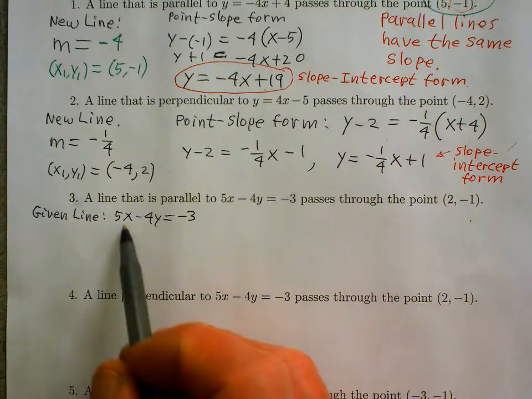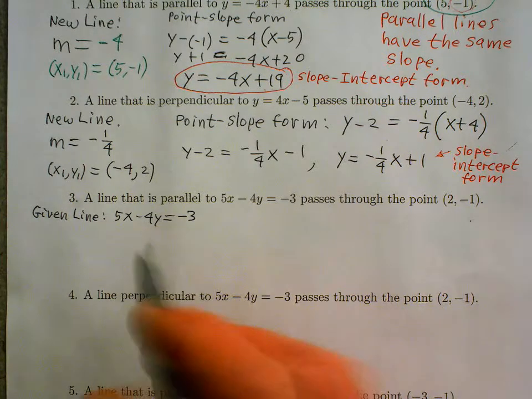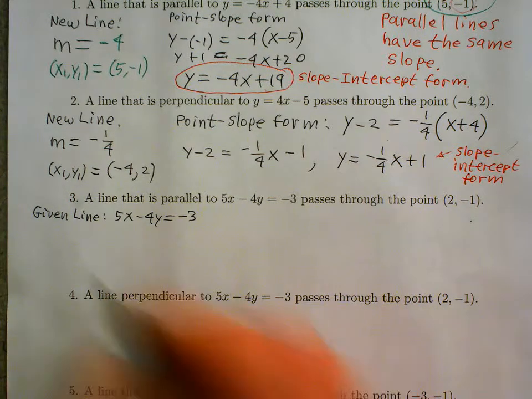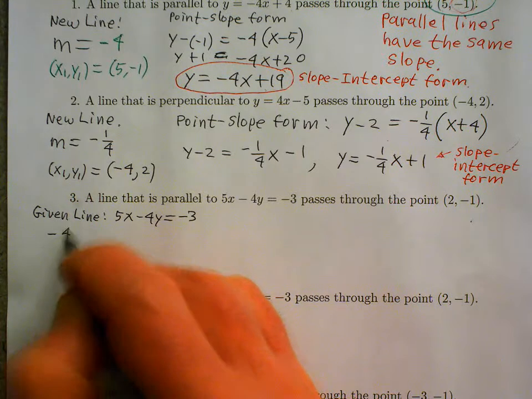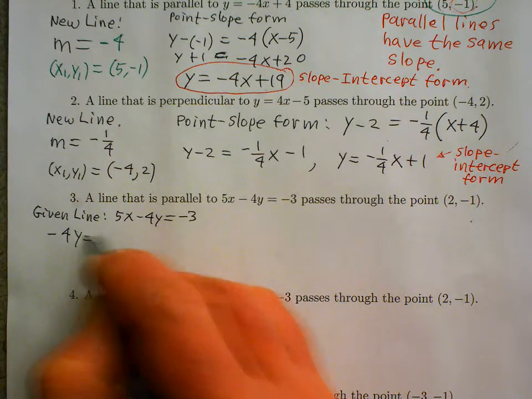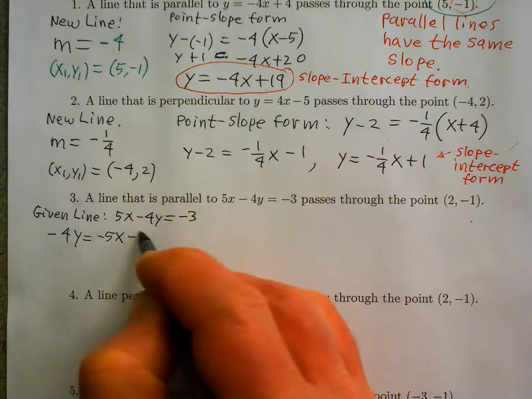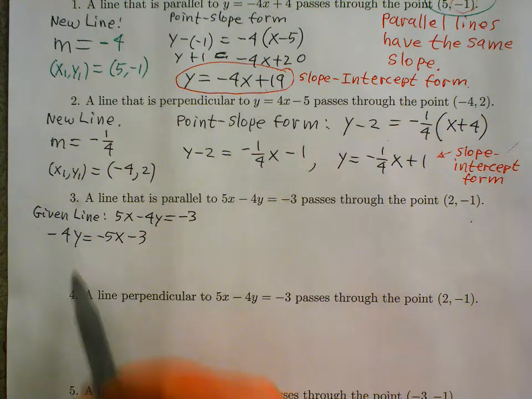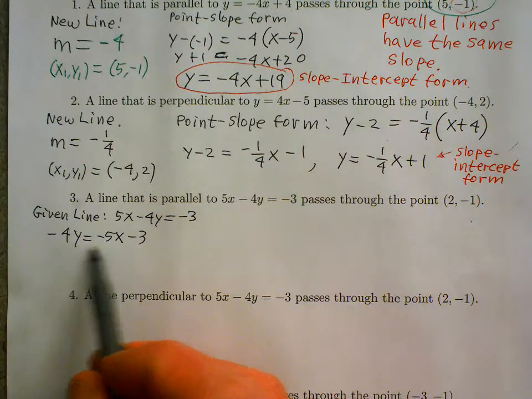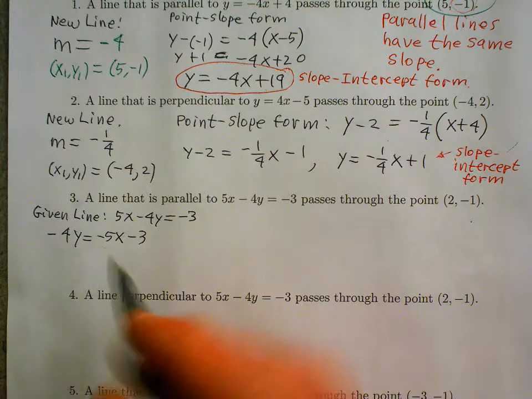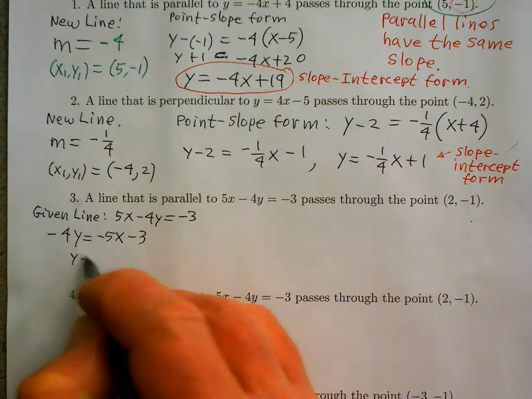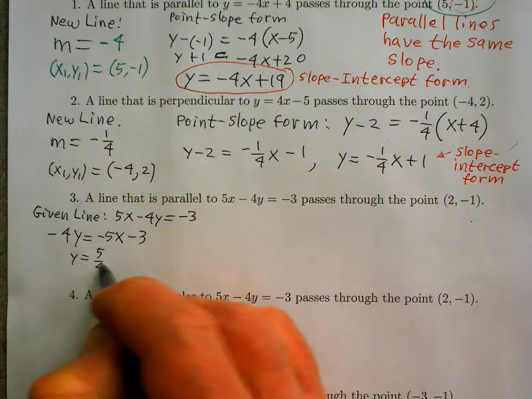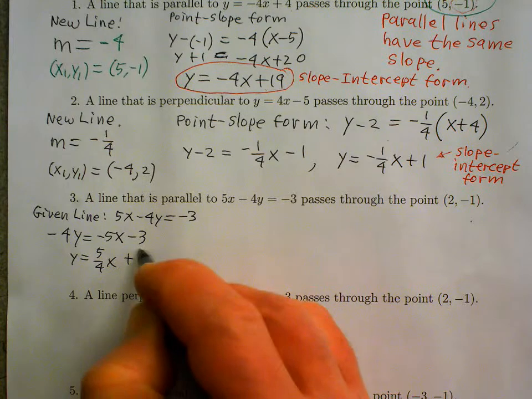So solve this equation for y, begin by subtracting 5x from both sides. So we get negative 4y equals negative 5x minus 3. And then divide every term on both sides by negative 4. We get y equals positive 5/4 x plus 3/4.